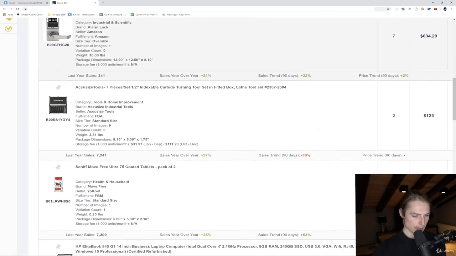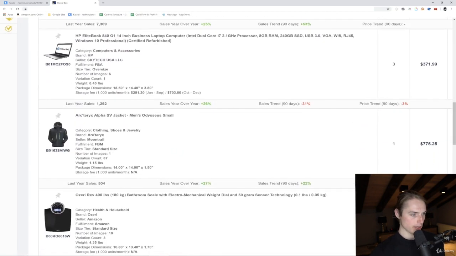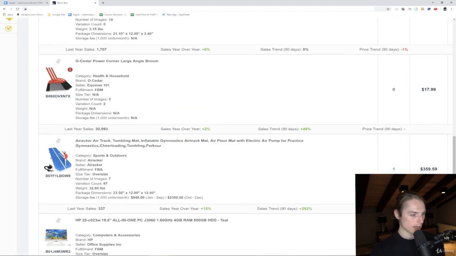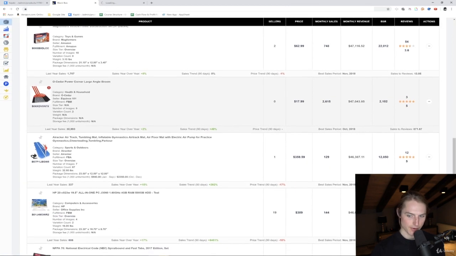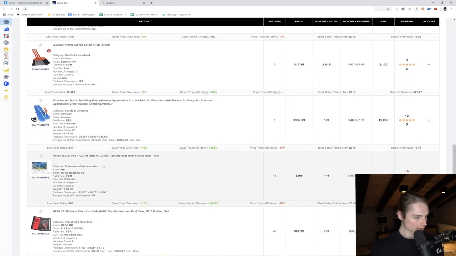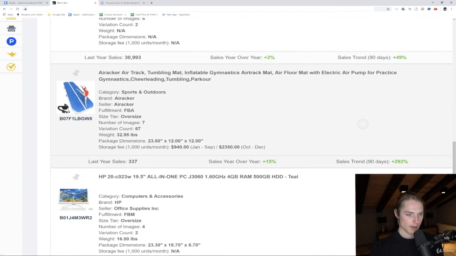Like I said, there's going to be a lot of junk in here. I'm actually going to a broom. That's interesting. Why is that broom doing 50,000 a month with 5 reviews? Inflatable gymnastics air mat track.